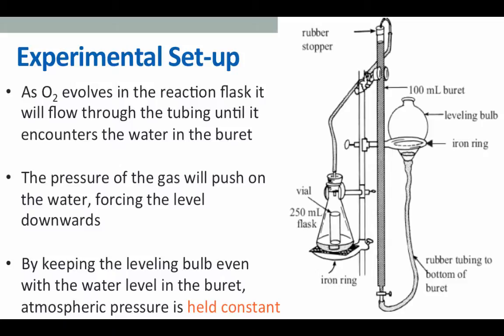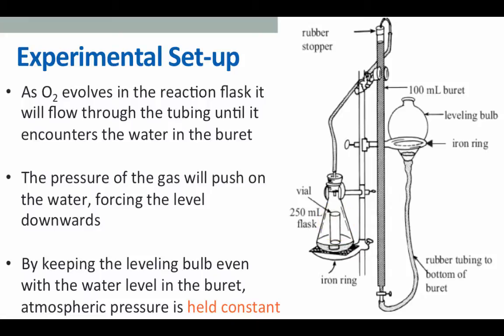So just a little more detail on how the setup will work. In the Erlenmeyer flask, you will have a sample containing hydrogen peroxide and the catalyst sulfuric acid. You will then add potassium permanganate into a small vial and lower that vial into the Erlenmeyer flask.